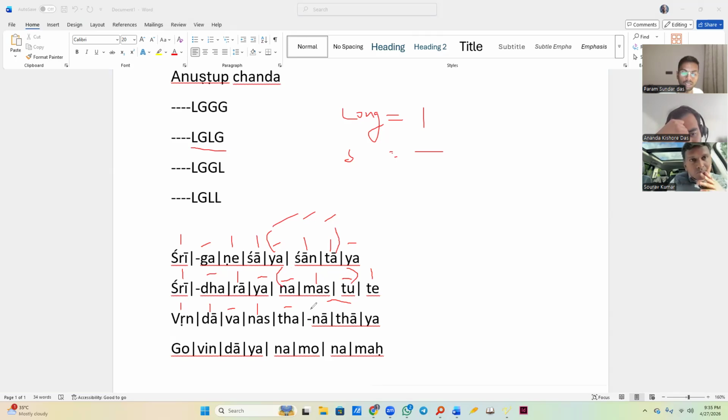Then tha is short, na is long, and tha is long, ya is short. So Laghu, Guru, Guru in the third line. Then go long, vi long, da long. Here na short, ma long, na short, maha long. So Laghu, Guru, Laghu. We have done it according to the rules. This is how you can try something on your own also. Not really a big deal.